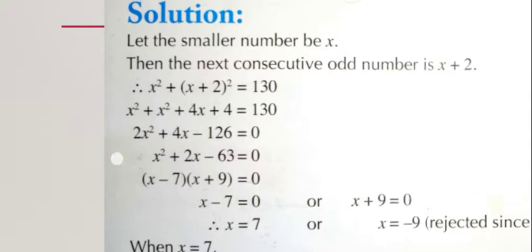Okay, and then after we have this kind of form, the basic form of quadratic equation, which is ax squared plus bx plus c equals 0. So once we make sure that the other side is 0, we can perform the factorization method.